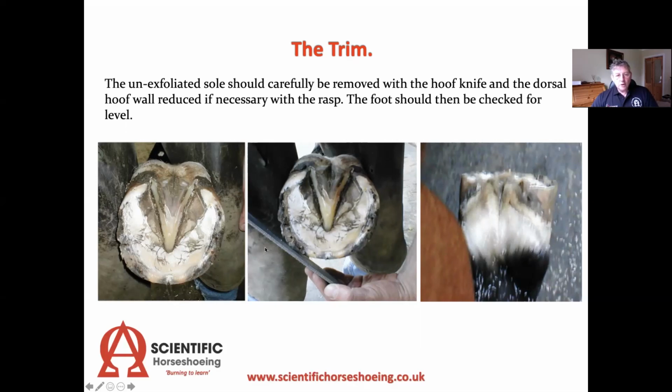You would then, using your rasp, reduce the excess horn, removing any flares and making sure that the thickness of the wall is uniform from heel to heel in relation to the shape of the white line. We make sure that it's symmetrical through the center and that we get a good heel platform by finding the buttress at the widest part of the frog.